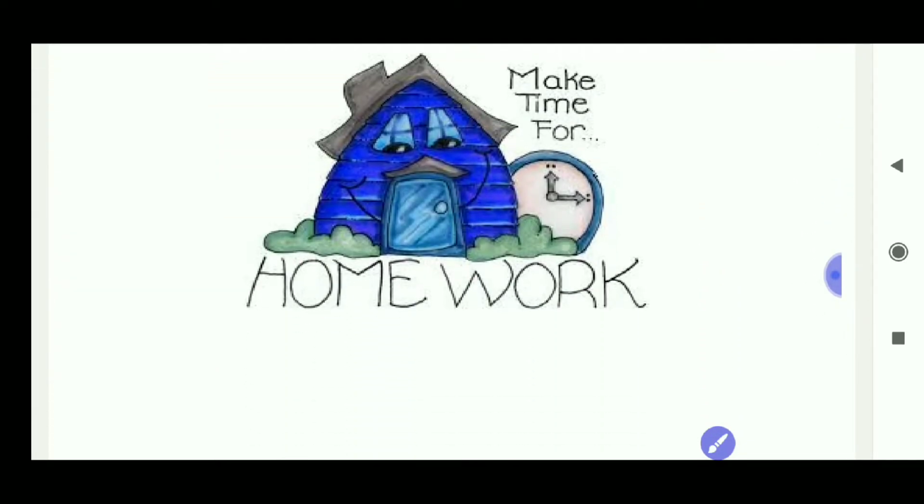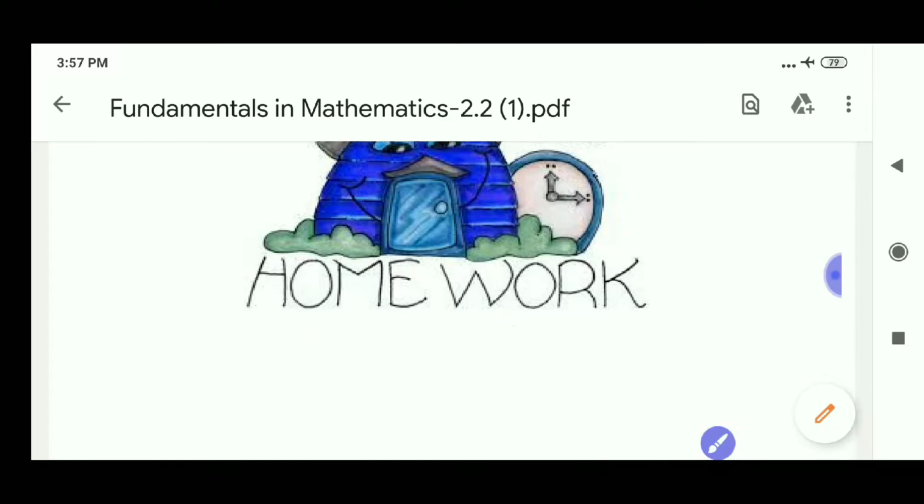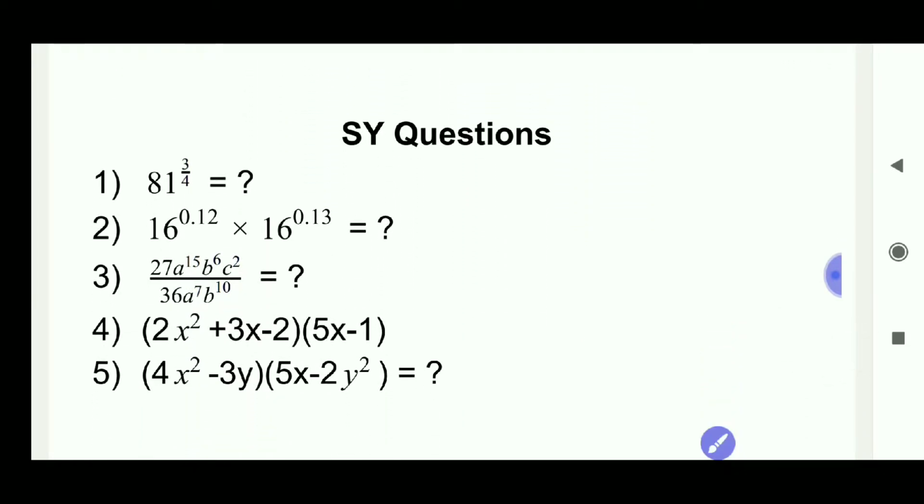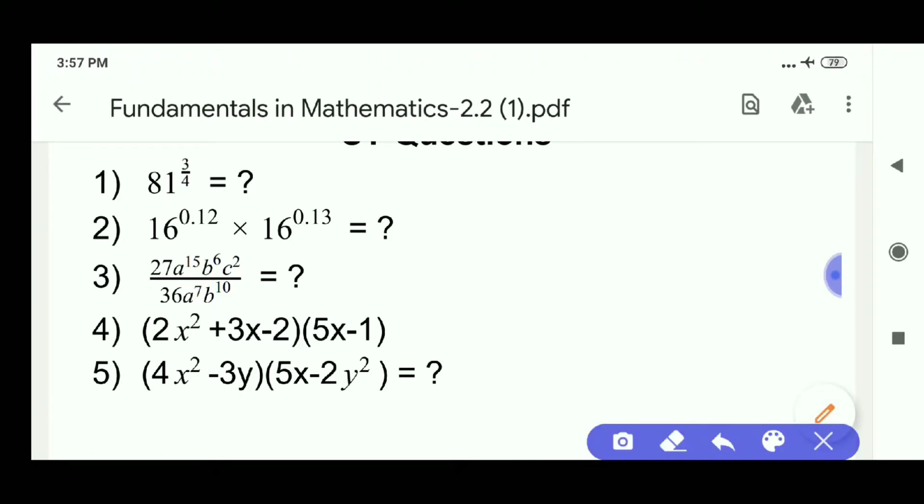Now it is time for homework. Solve yourself questions. Dear students, solve these following questions. 81 power 3 by 4. 16 power 0.12 into 16 power 0.13 and 27 a power 15 into b power 6 into c square by 36 a power 7 into b power 10.